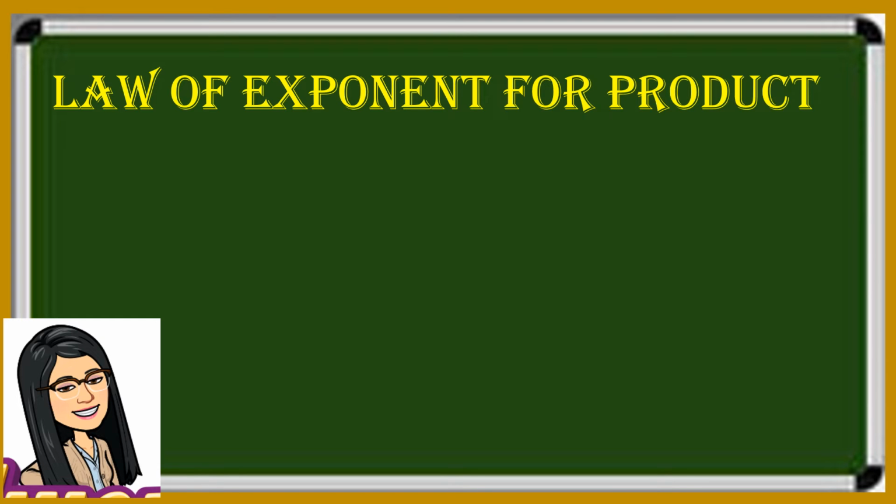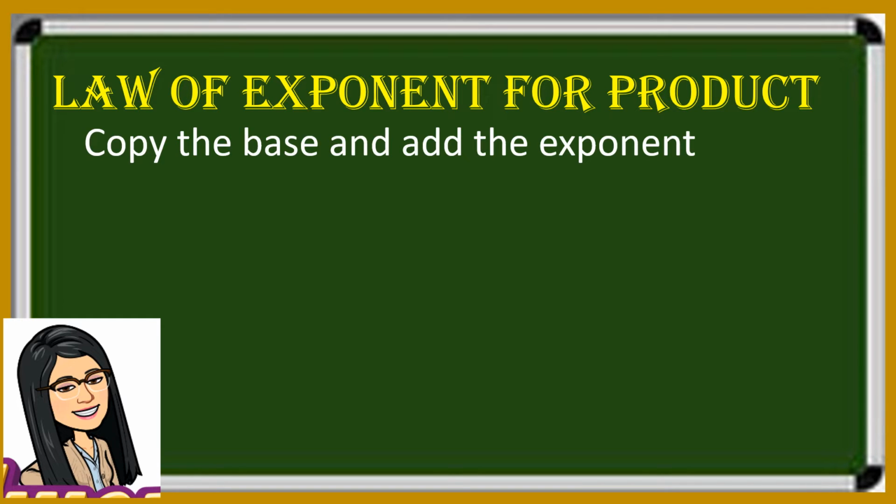First, the law of exponents for product, where the rule is to copy the base and add the exponents. So let us see example number 1. Our given is x raised to 1/2 times x raised to 3/2.